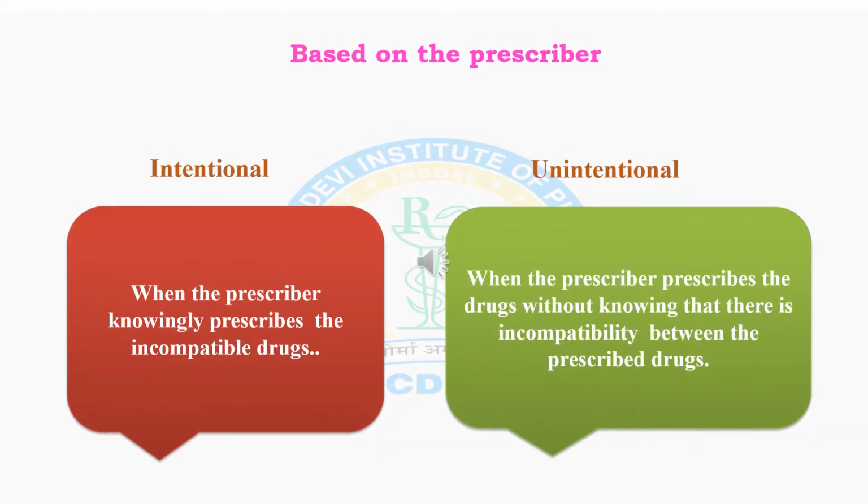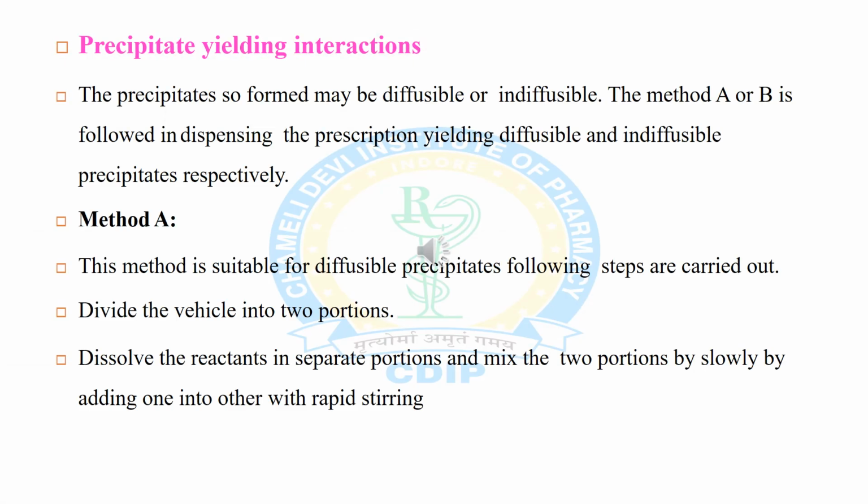Okay, so now precipitate yielding interaction. As we discussed in an earlier slide, precipitation is one of the reactions involved in incompatibility. Reaction between strong solutions proceeds at a faster rate and the precipitate formed is thick, which does not diffuse radially.